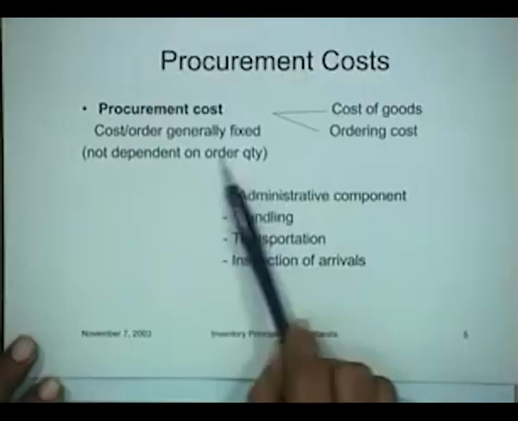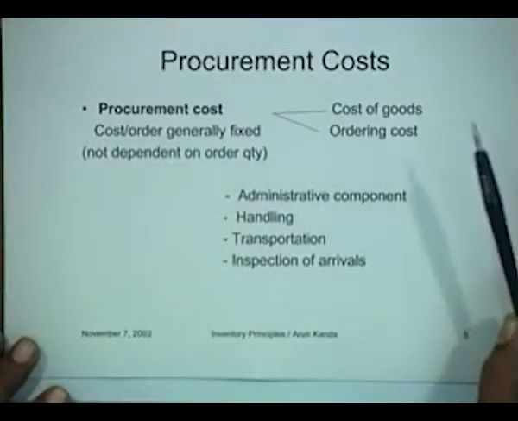Suppose he engages a three-wheeler and then he goes to the main market, he goes to Chowdi Bazaar, he buys all the items and he keeps them in the three-wheeler and brings them back. So the cost of the order is the cost of operating the three-wheeler from home to the main market and then coming back. So that cost is constant irrespective of whatever he buys there, provided of course the total amount that he buys can be accommodated within the three-wheeler. That's what we are trying to say. So that's the reason why we say that cost per order is generally constant.